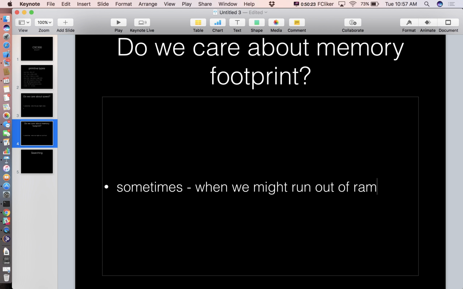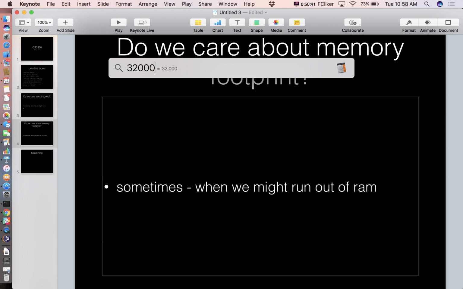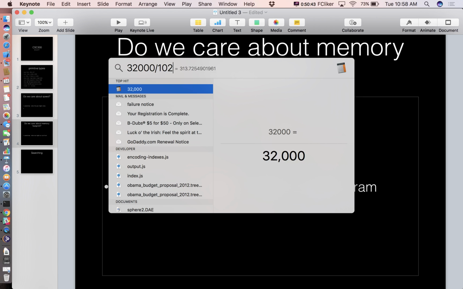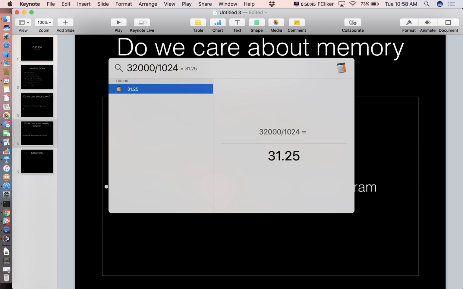I mean, it has an array of 100 things versus an array of 1,000 things. Like, oh, it's not that much. Who cares, right? If you have 1,000 integers, that's 1,000 times 32 bits. So that's 32,000 bits. So we take 32,000 bits divided by 1,024. Now we're at kilobits. Then we divide that by 8.